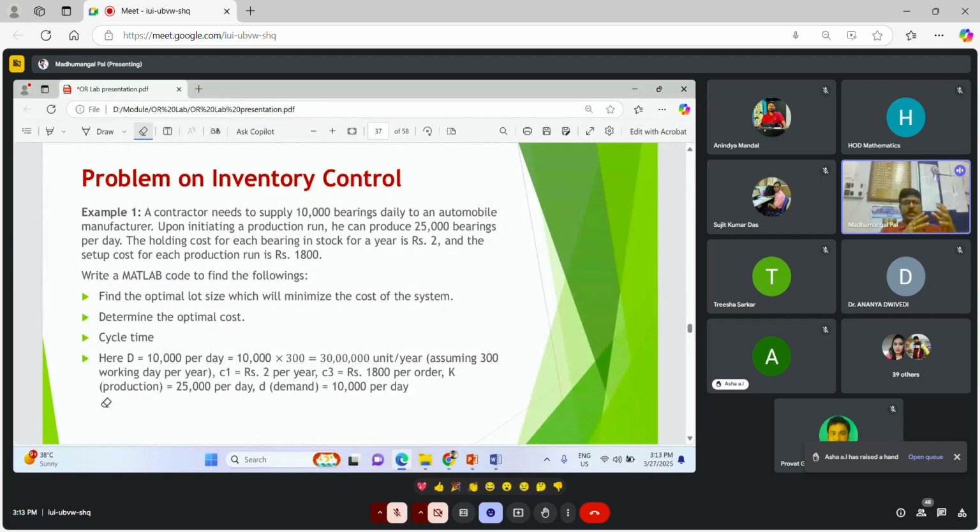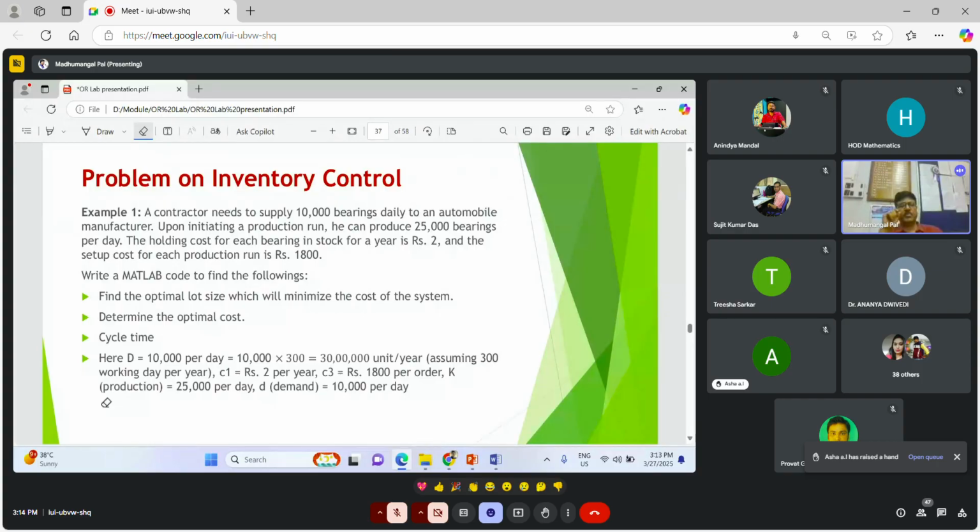Suppose you are doing some business, you collect some goods from the market and store them in your storage space, and gradually you sell the goods per day or per month. You consider your time span as a week, a day, or a month. So a lot of parameters are associated with the inventory control system.